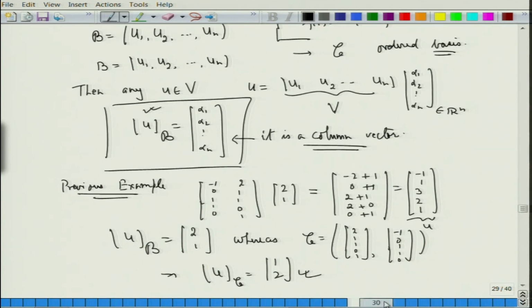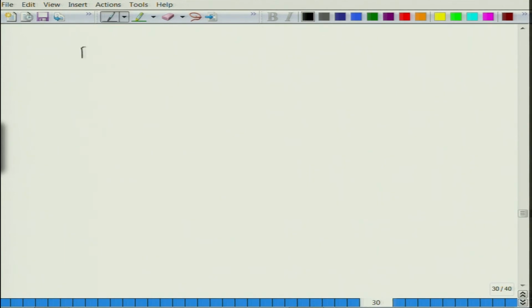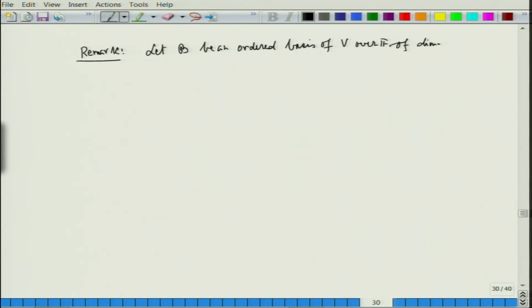All right. So remark, let B be an ordered basis of V over F of dimension n.